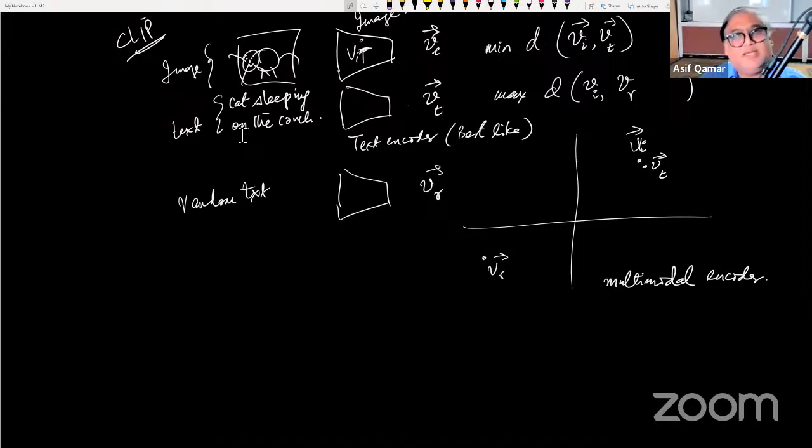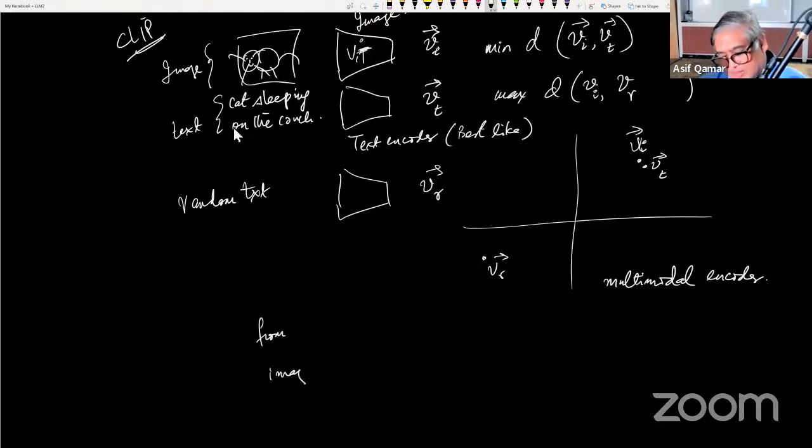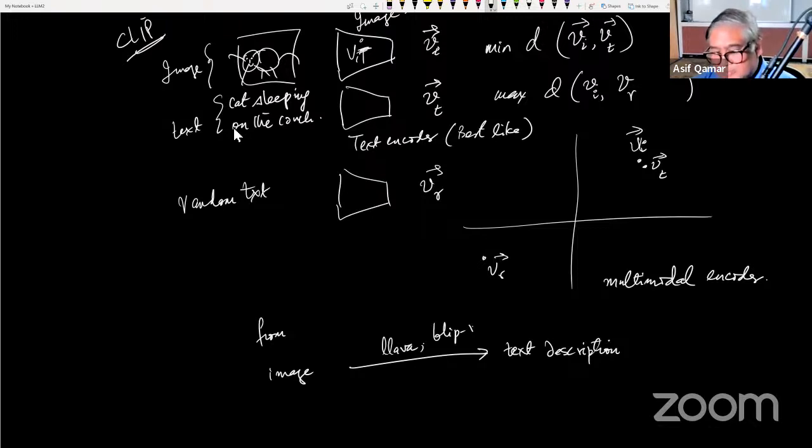Suffice it to say that we can go from image to a textual description of the image. You could use things like LLaVA, BLIP-2, and so on. They're quite successful. With a certain degree of success, you could also do it with video.